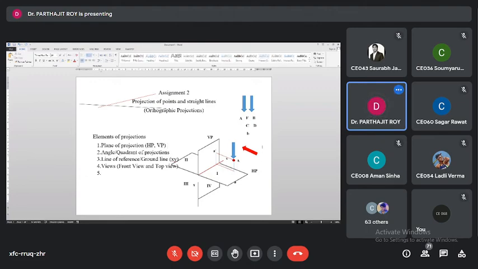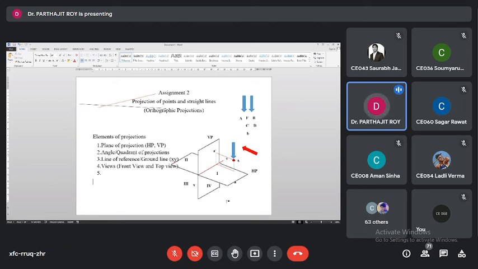Correct? And in both the cases, I am looking at the point A, getting the point of intersection of the direction with the planes of projections, isn't it? Yes, sir. I mean the foot of the perpendicular drawn from the point A on the horizontal plane.